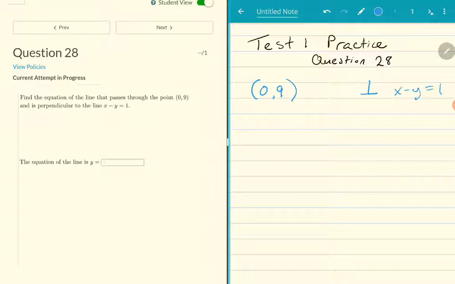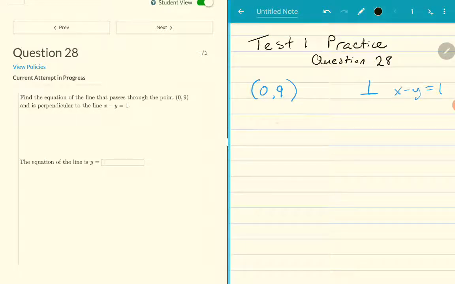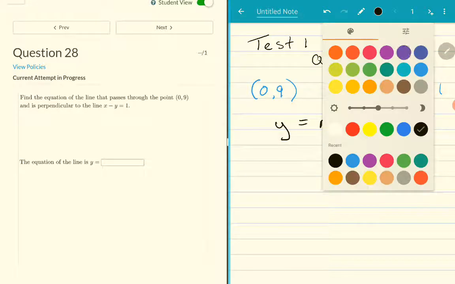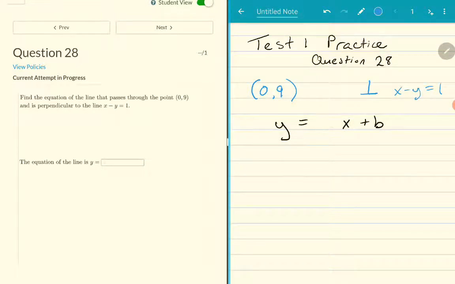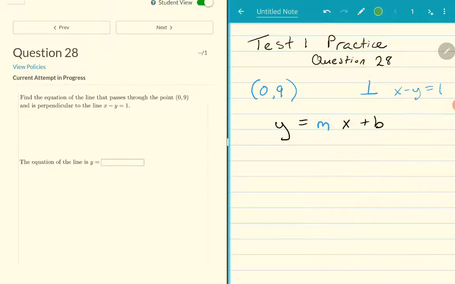All right, so I need the equation of a line, which is y equals mx plus b, where the y and the x stay general variables, and the m and the b define the relationship between x and y. We just need to find m and b.